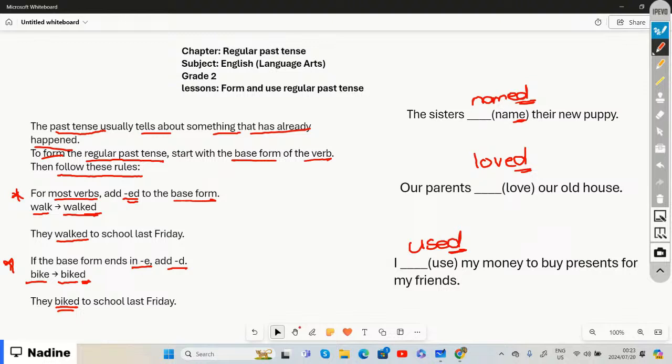All right. So these are regular past tense. And remember, we said with regular past tense, it usually tells us about something that has already happened. In order for us to form it, we need to start with the base form of the verb, and then follow the rules.